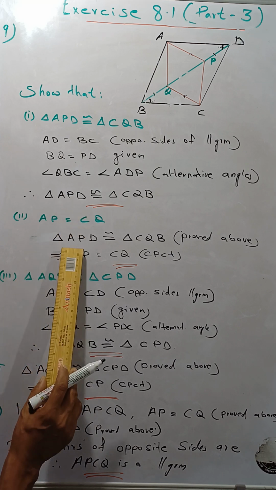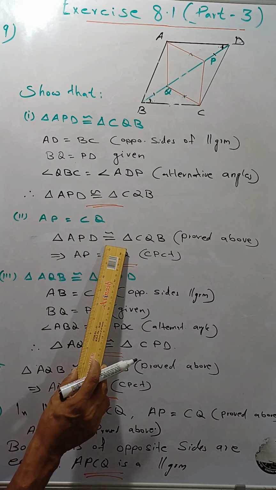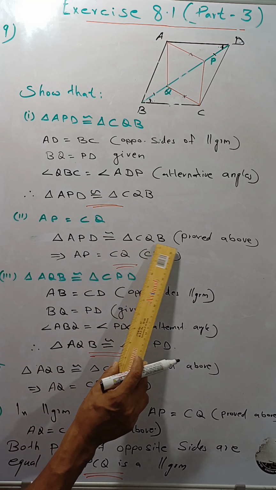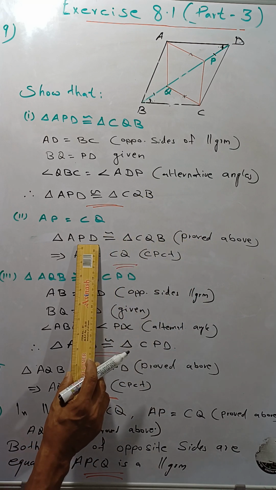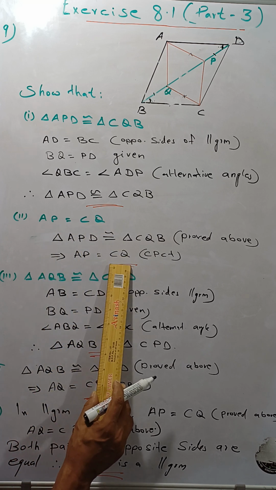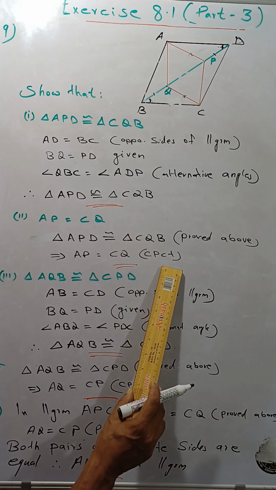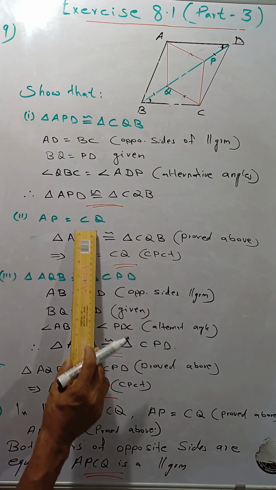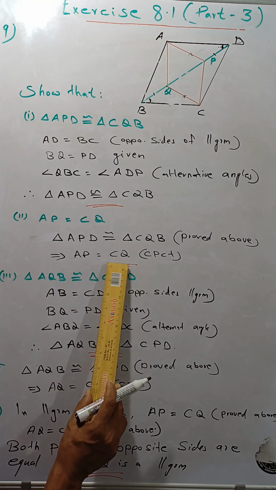Already we have proved that triangle APD is congruent to triangle CQB. From this congruence of triangles, AP and CQ are corresponding parts of the congruent triangles. So we have proved this easily. AP is equal to CQ.